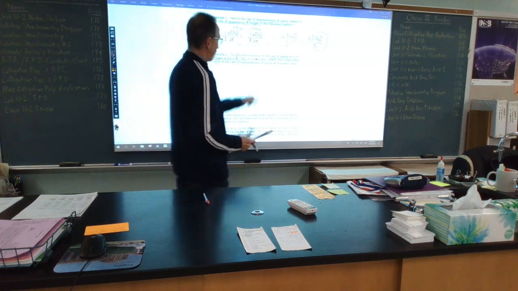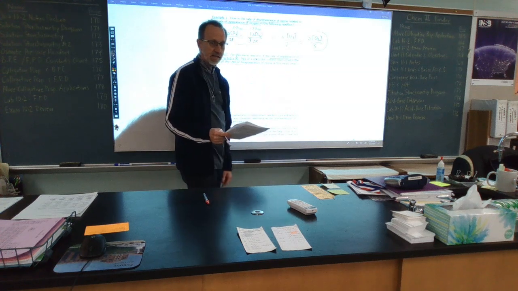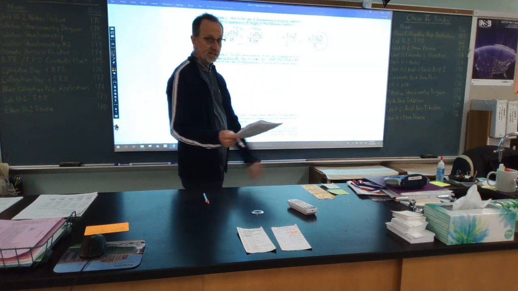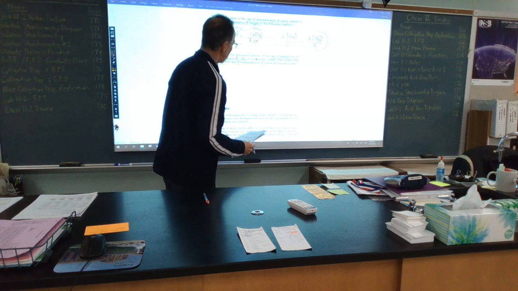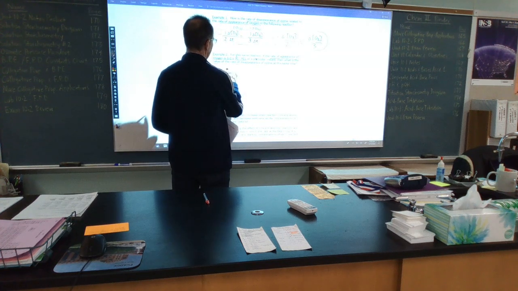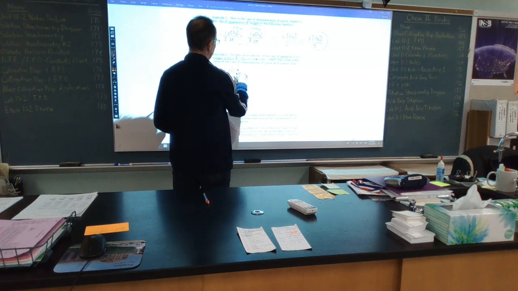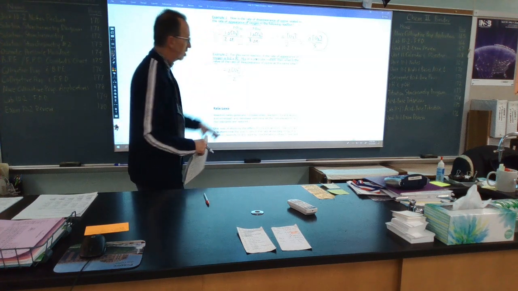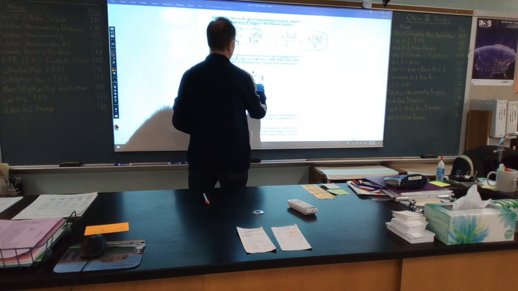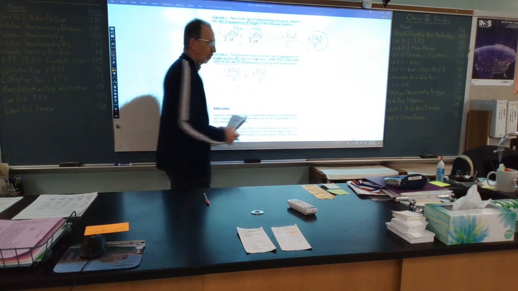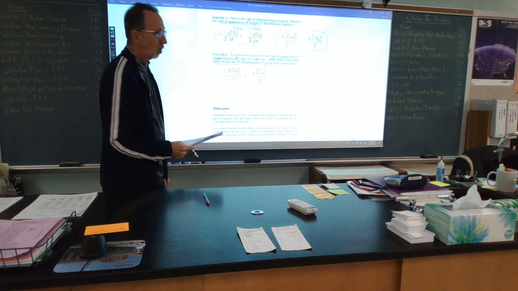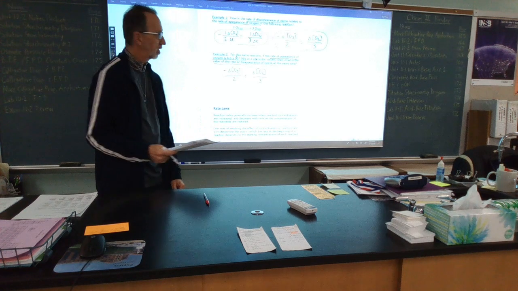I'm just going to rewrite the rate expression. So we have the negative change in ozone concentration over 2 is equal to the change in oxygen concentration over 3, which is the mole coefficient for oxygen.